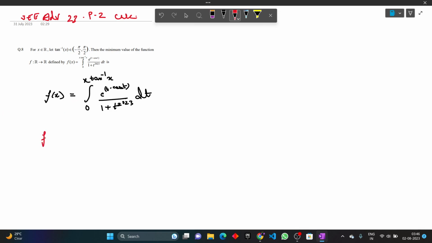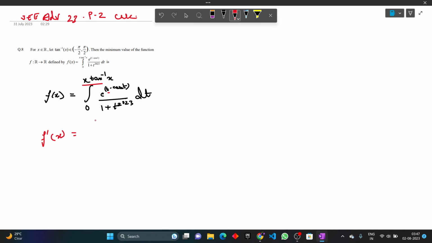If this is f, then f dash x would be, using the Newton Leibniz theorem, the differentiation of the upper limit function and replacing t with it. So that's the Newton Leibniz rule, and we'll just differentiate this.